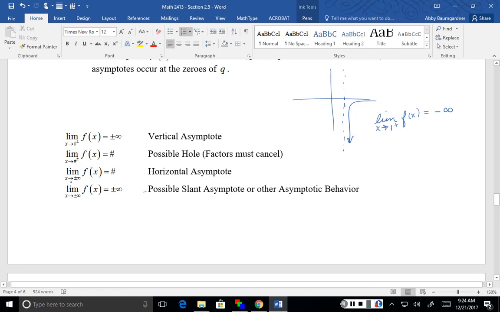If x is approaching infinity or negative infinity, so now we're looking at the edges of the graph, and you get a numerical answer, then you must have a horizontal asymptote. So let's do something like this. So we could have the graph.